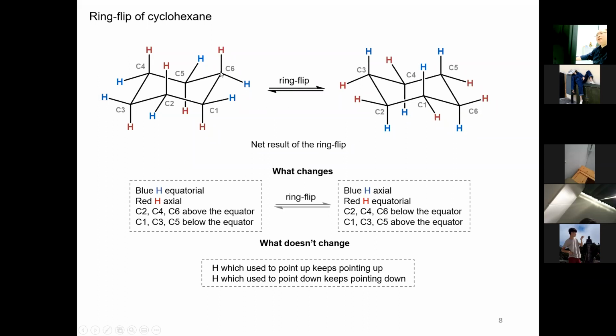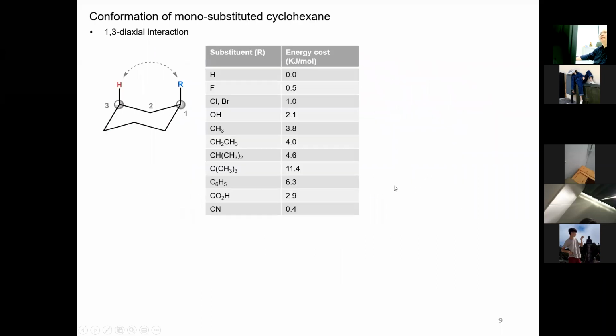So for this one, equatorial pointing down becomes axial pointing down, still pointing down, different in equatorial and axial position. And we also learned the 1,3-diaxial interactions. You can see the larger the functional group, the interaction between these two substituents at 1,3 becomes larger.